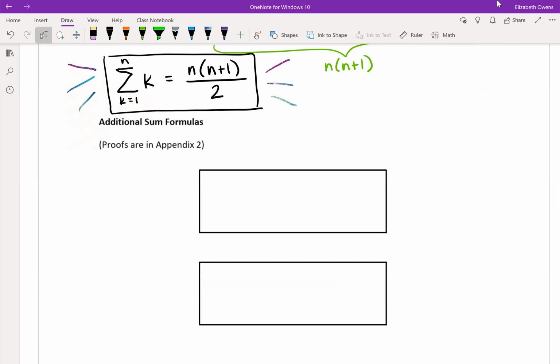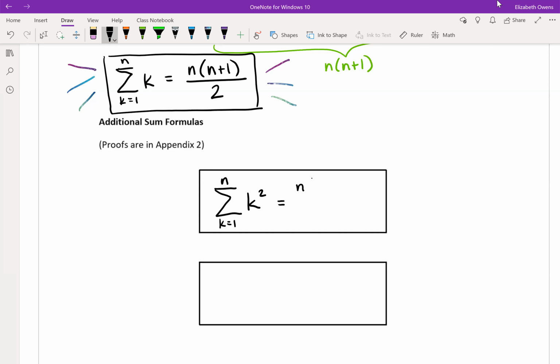But these are the sum formulas for the sum of the first n squares. So the sum from k equals 1 to n of k squared. These all have a fairly similar look to them.